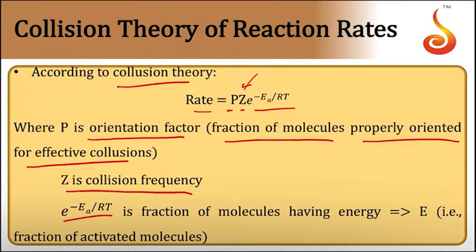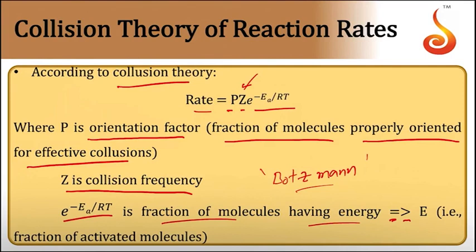And e to the power of minus Ea by RT is also known as the Boltzmann factor, and is the fraction of molecules having energy equal to or more than Ea. That is the fraction of activated molecules.